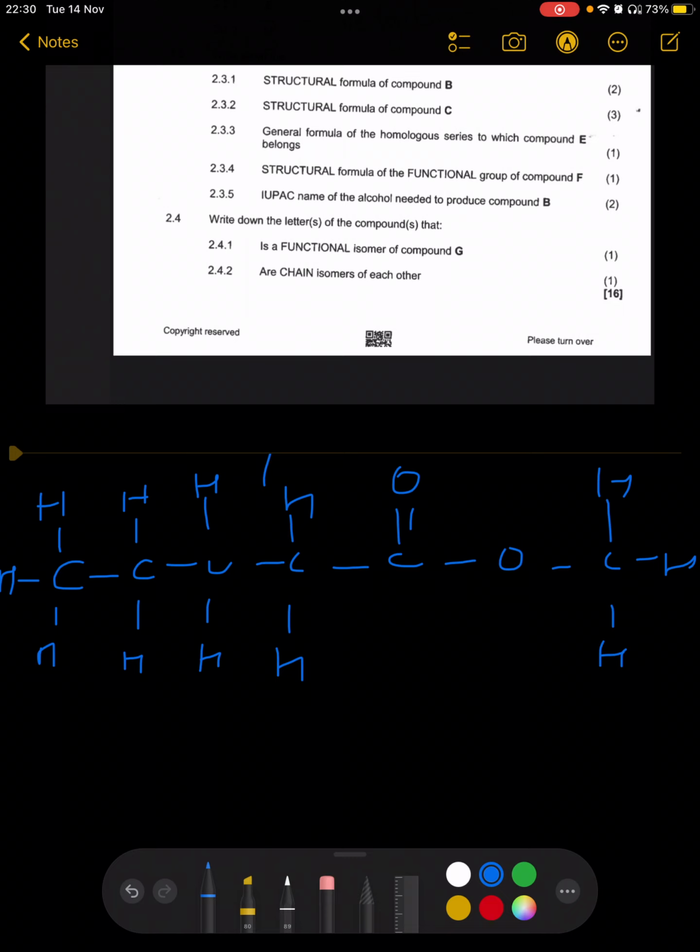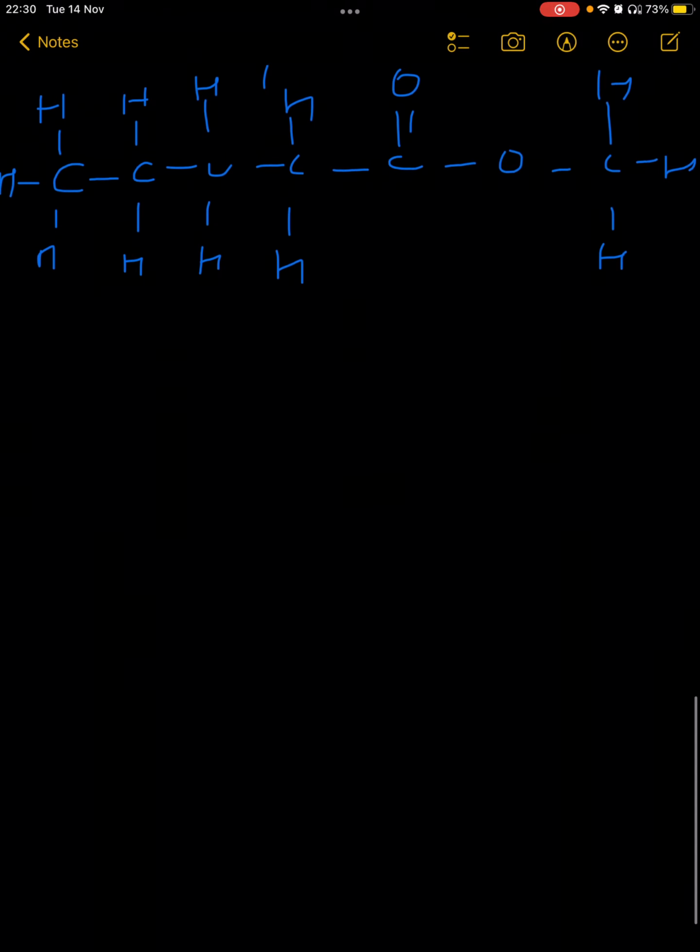Then compound C is 4-ethyl-3,3-difluorohexane. Now, if we check out the structure here, take it in green. So it's a haloalkane with a hexane, so it's 1, 2, 3, 4, 5, 6.